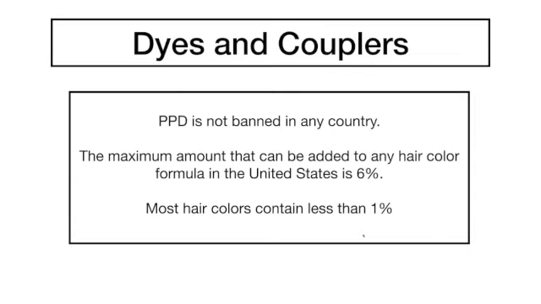Now, here's an interesting fact. Most people don't realize that PPD is not banned in any country in the world. However, the amount that you can use in hair color is regulated, and the maximum amount of PPD that you can put into any hair color formula in the United States is 6%.